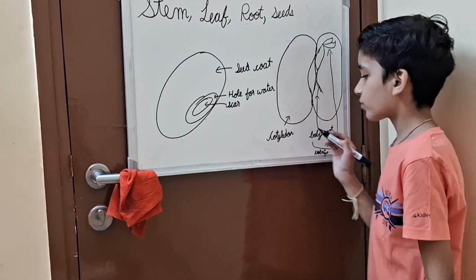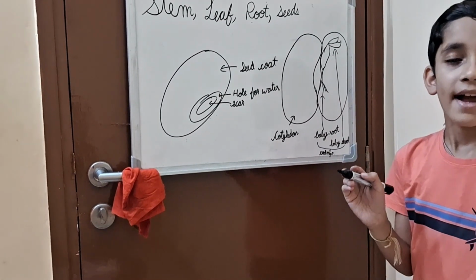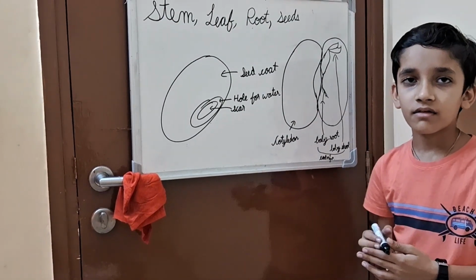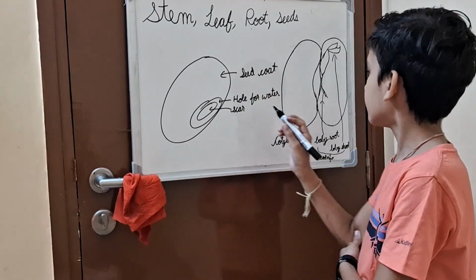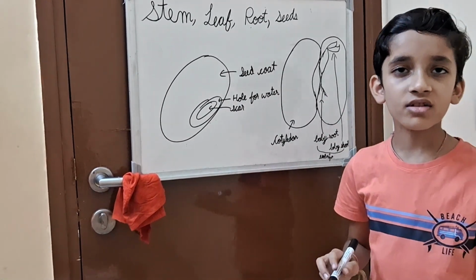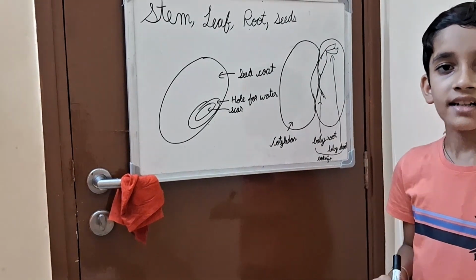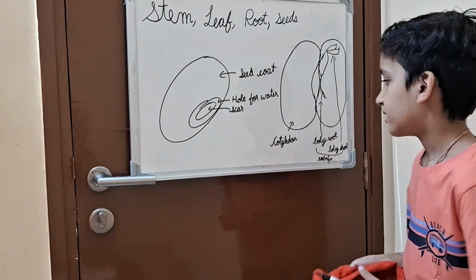So the cotyledon provides the nutrition to the embryo, and when the seed coat swells up from the water, the embryo starts taking the nutrition from the soil and then turns into a baby plant.